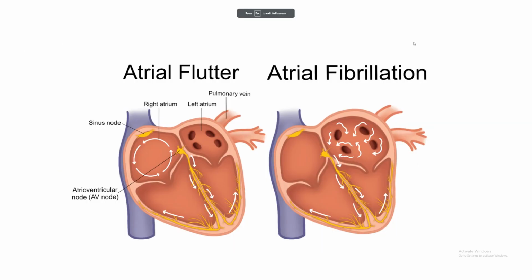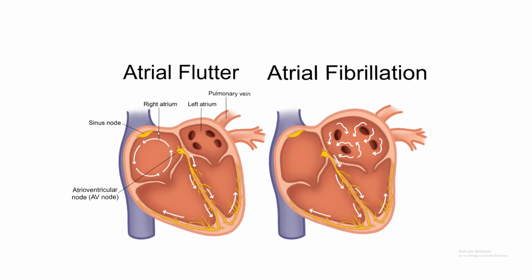All right, so the next rhythm we're going to be talking about and discussing is atrial flutter. And atrial flutter is basically another reentry circuit tachycardia. This reentry circuit is a very massive reentry circuit that pretty much takes up the whole right atria. It's called the cavo-tricuspid isthmus, and it goes through the SA node, through the AV node, back to the sinus node.